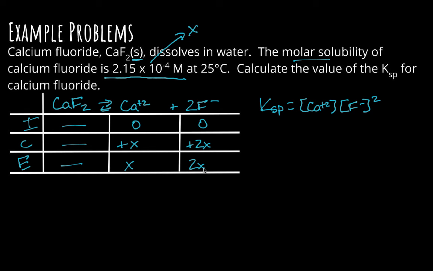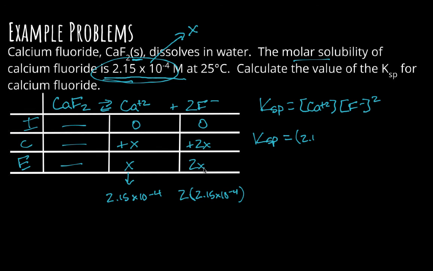And then I'm solving for KSP, and they gave me x. So that means that calcium is equal to x. So x for this is going to be 2.15 times 10 to the negative fourth. 2x for this one is going to be 2 times 2.15 times 10 to the negative 4. Those are the values I'm going to sub in for these ions over here.